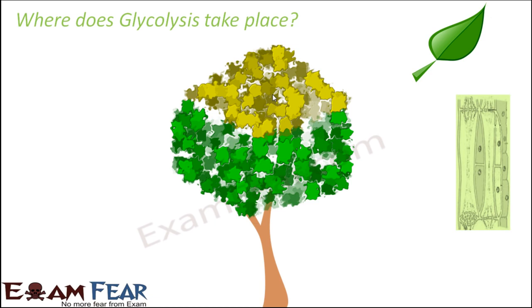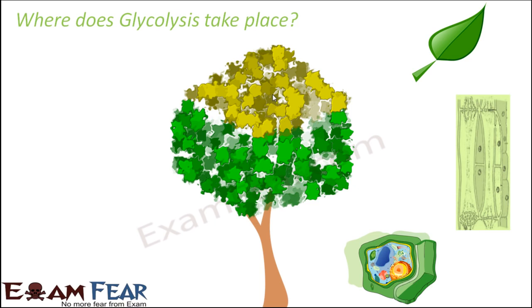When I say it is transported to different parts of the plant, I mean to each and every cell present inside the plant body. So the glucose will reach each and every plant cell and enter the cytoplasm of the plant cell. In this part of the plant cell, glucose needs to be broken down into a simpler form.